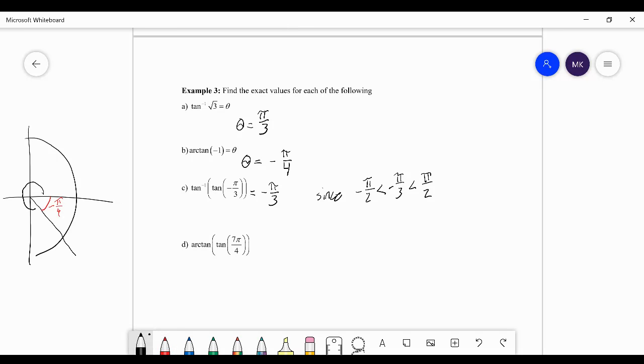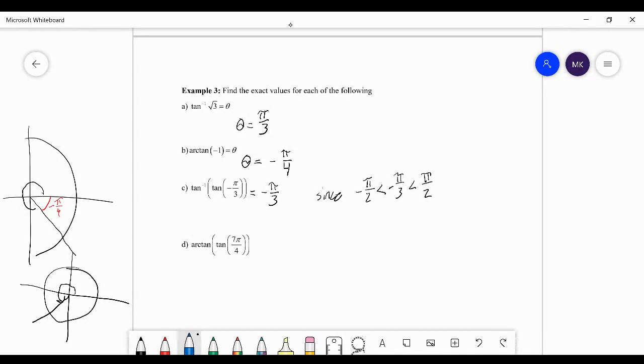Now, if this were to be somewhere else, let's say on our whole unit circle we're looking at this angle here. Is this tangent value positive or negative? Well, remember, tangent is y over x.